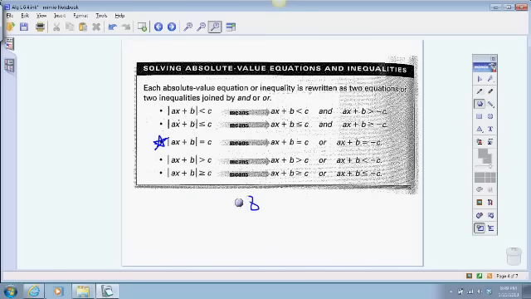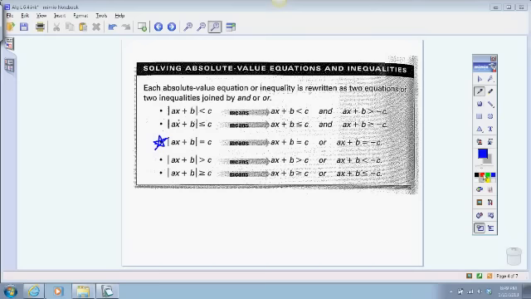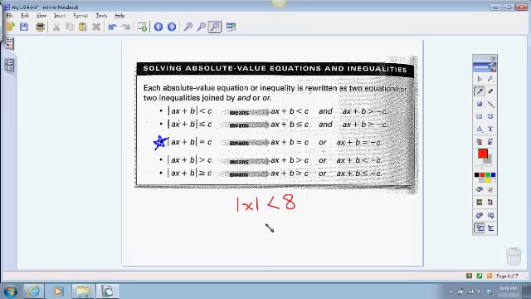When we talk about inequalities, we got to think about what we mean. So let's say we wanted to know what the absolute value of what number is less than 8. Well, if you just think about it, this means the distance from 0. So the distance from 0 has to be less than 8.